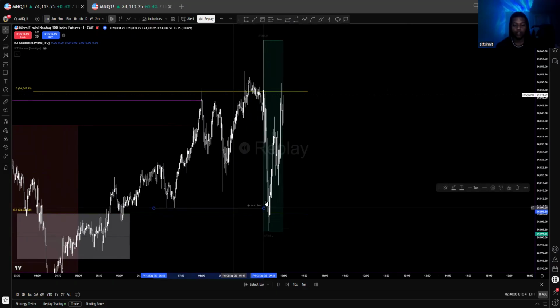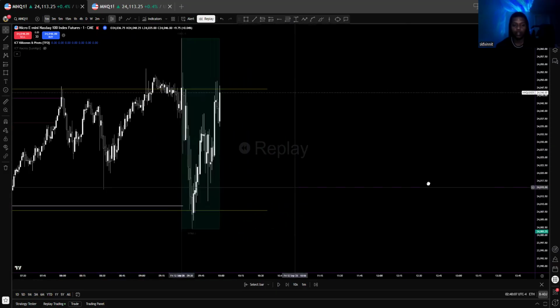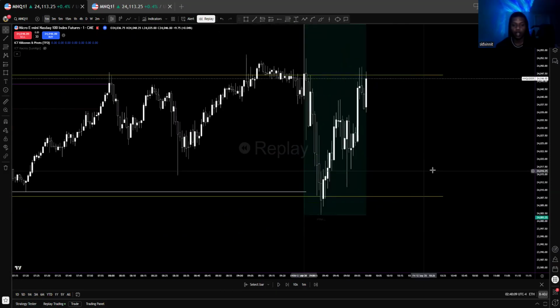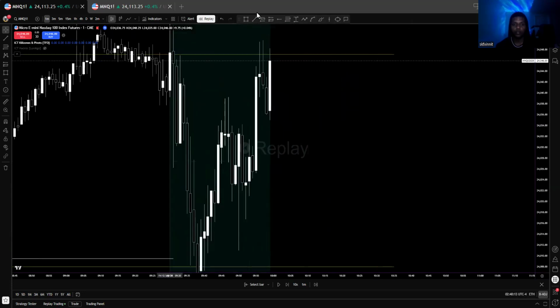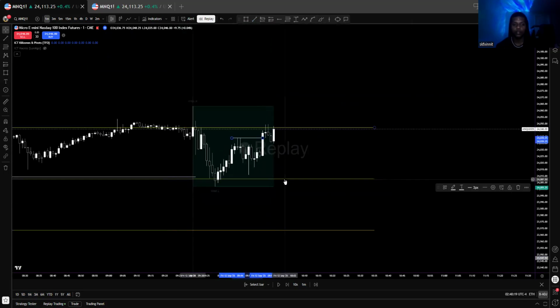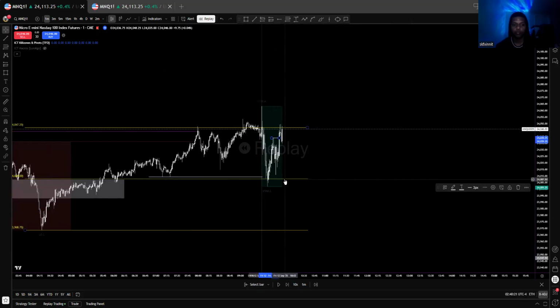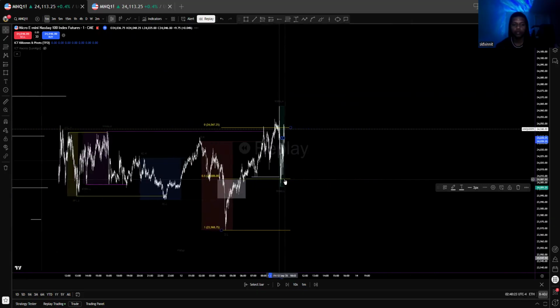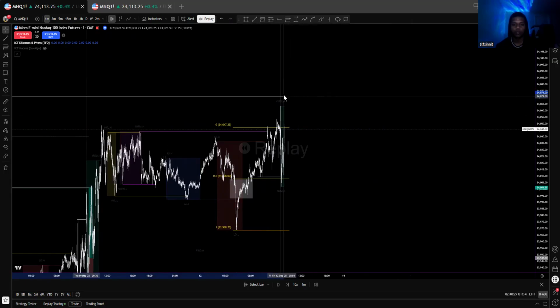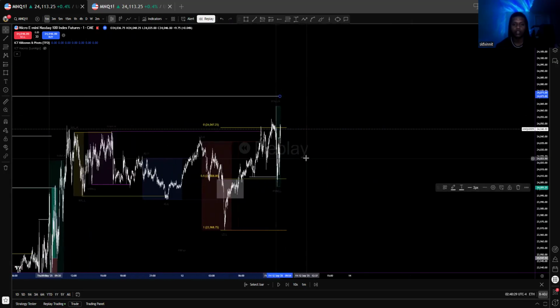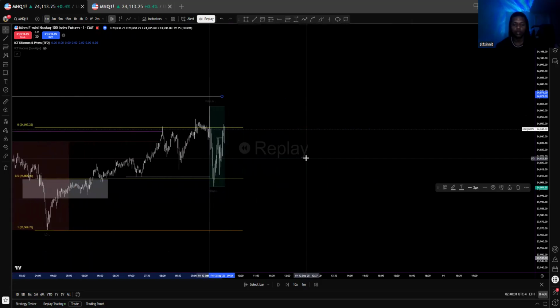Now all you need to do is look for an inverse fair value gap, which didn't happen. But we got a break of structure, and we have a clear draw on liquidity, which is the all-time high. That's a clear draw on liquidity.